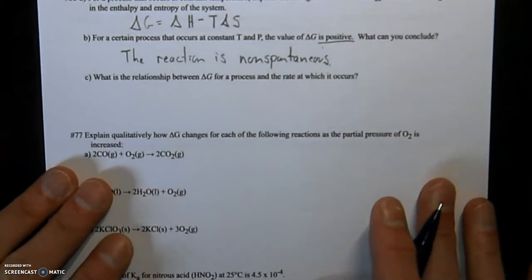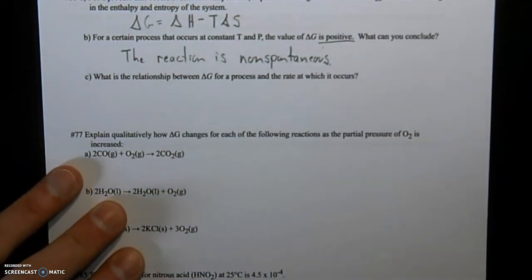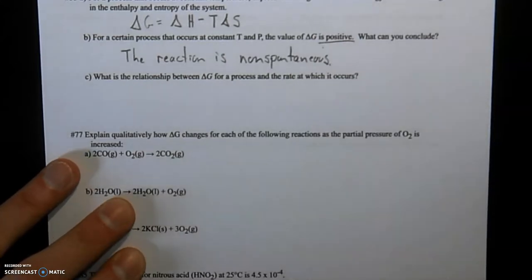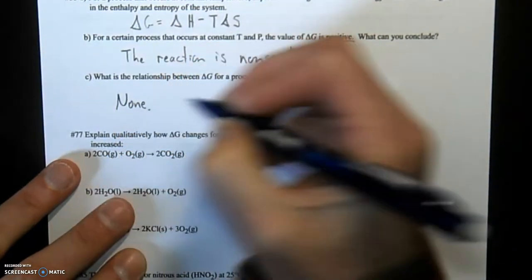And we talked about this earlier. What is the relationship between delta G for a process and the rate at which it occurs? None. They're not related at all. So we'll simply state that. None.